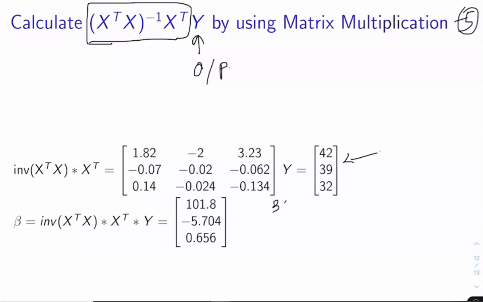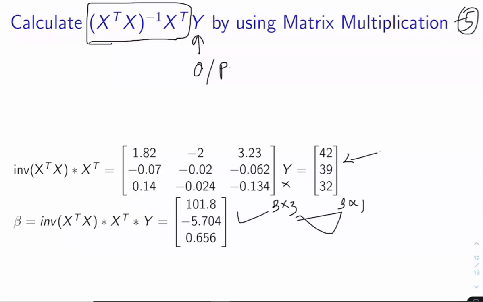This matrix is 3 by 3 and this matrix is 3 by 1. The number of columns in the first matrix should be equal to the number of rows in the second matrix. That is the condition, and it is satisfied by these two matrices. So you can perform the matrix multiplication of this by y, and this is the result.